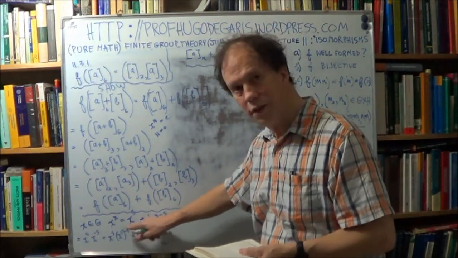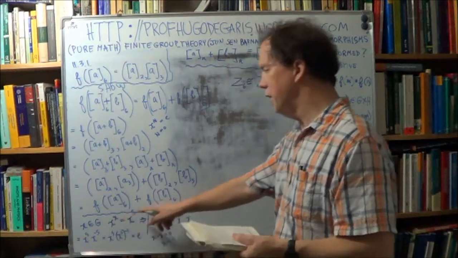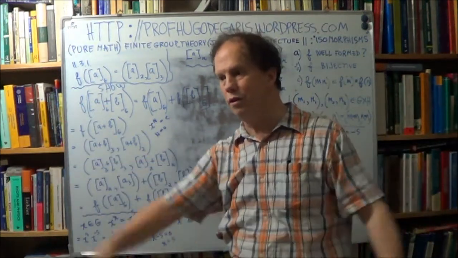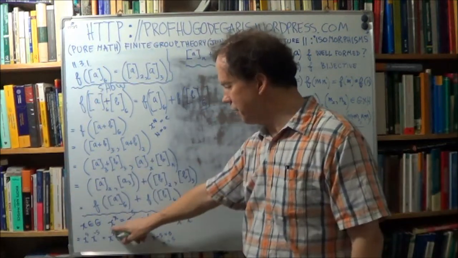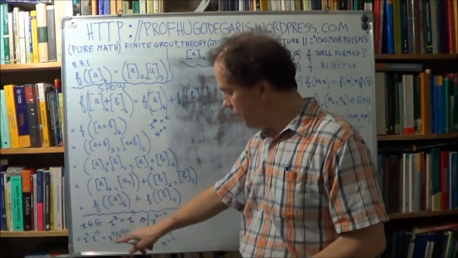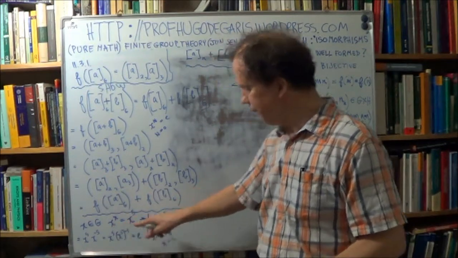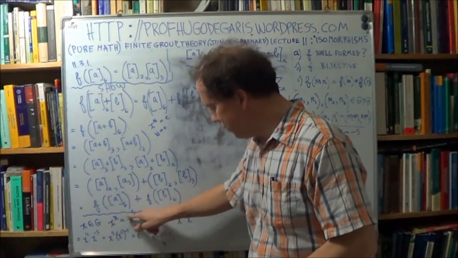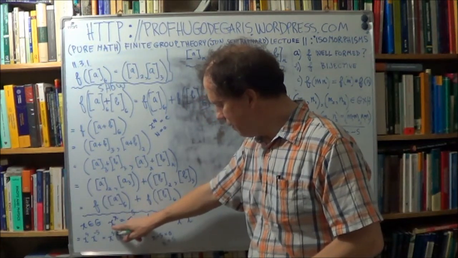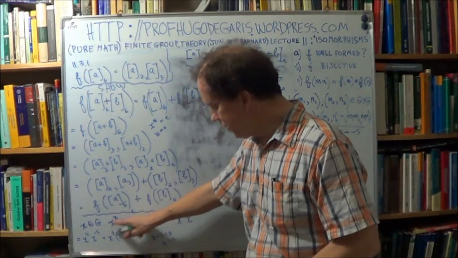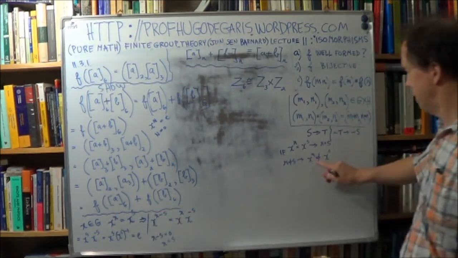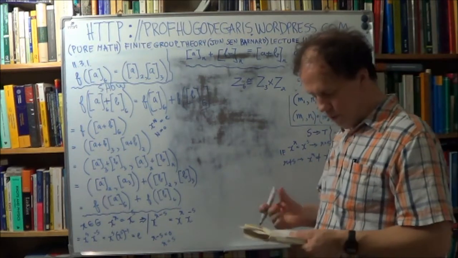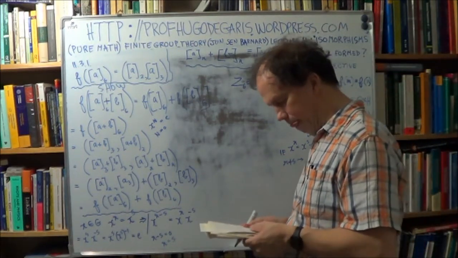They're distinct, and that's true for any r or s, because it's infinite. You're not constrained. These powers can go on indefinitely, and they'll be different. So if r and s are different, you're talking about different powers, and x to the r is different from x to the s. All right. So that's part one done.